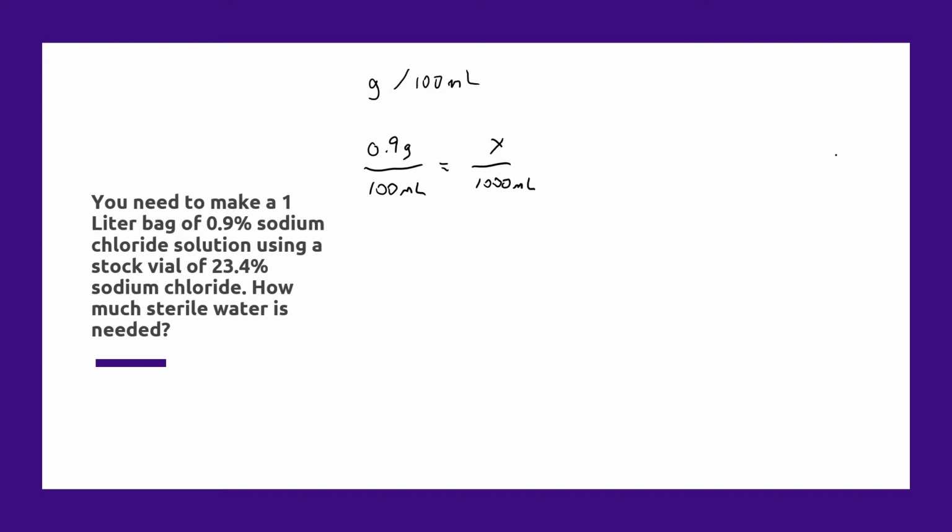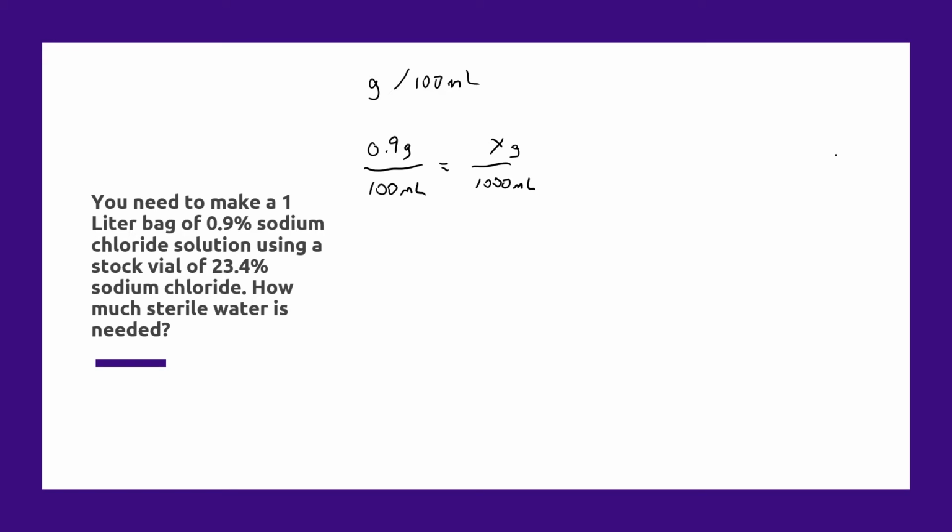To set up proportions consistently, I always recommend putting the unknown variable in the numerator on the right-hand side. And just remember on the left-hand side, you put what you know, and the units have to be consistent. So we'll keep grams in the numerator, and we'll keep volume in the denominator.